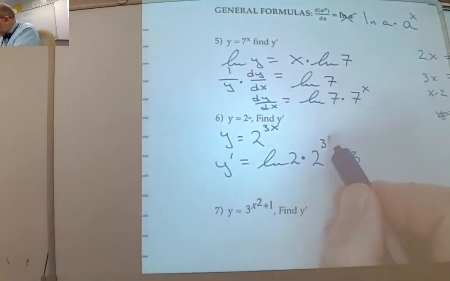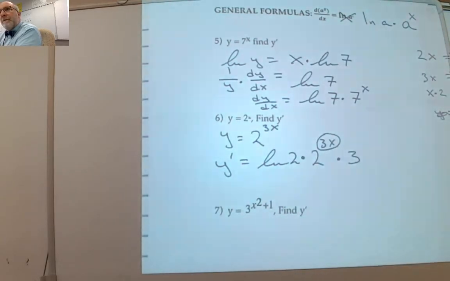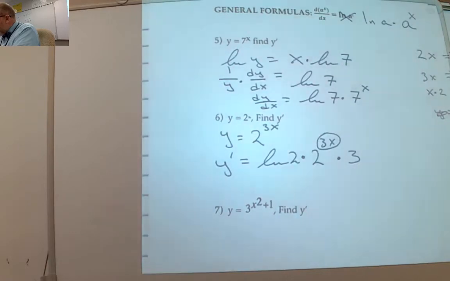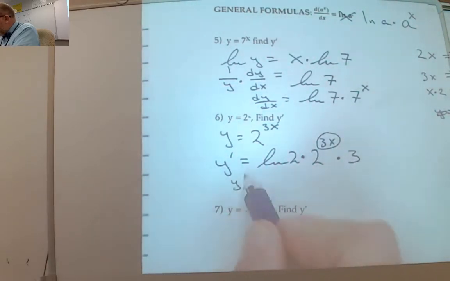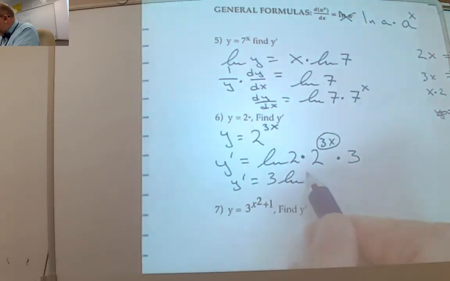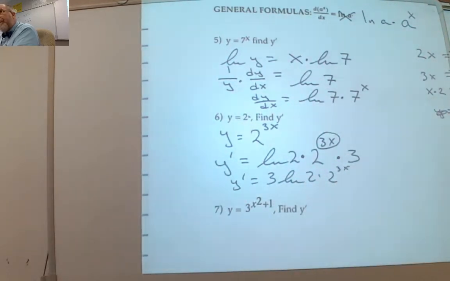Because you got to take the derivative of this thing, just like you do with e to the x. So my answer is going to be y prime is 3 natural log of 2 times 2 to the 3x. I like the number in front.